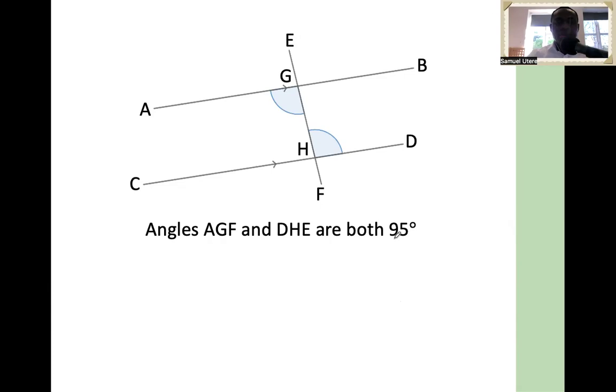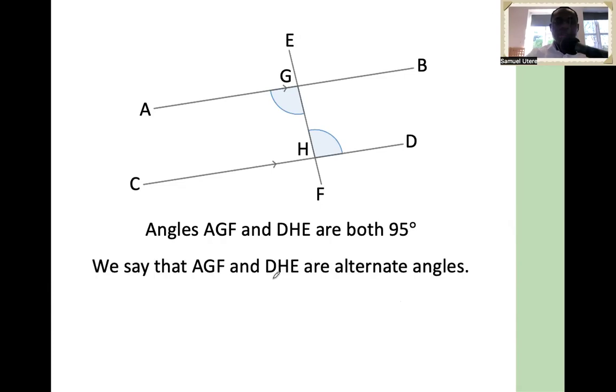So we say that AGF and DHE are alternate angles. And another geometric fact you need to know is alternate angles are equal. Alternate angles are equal.